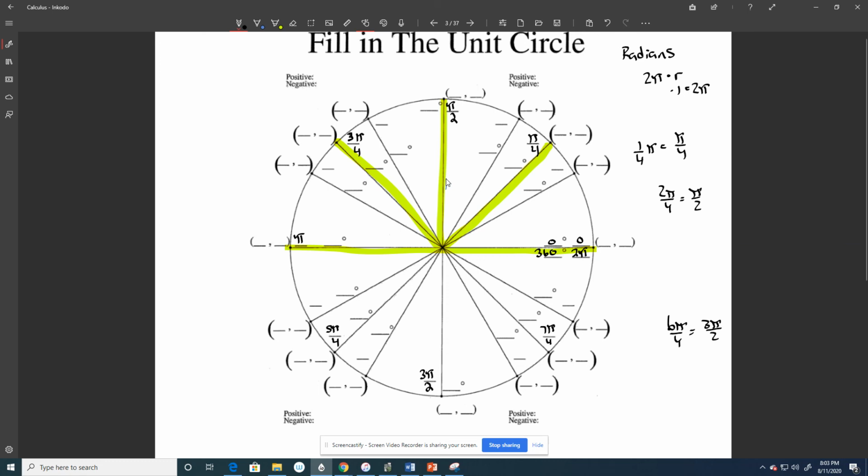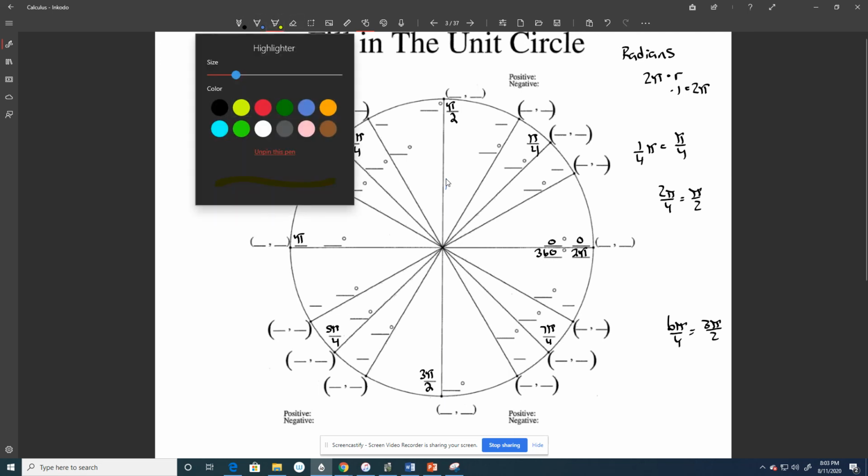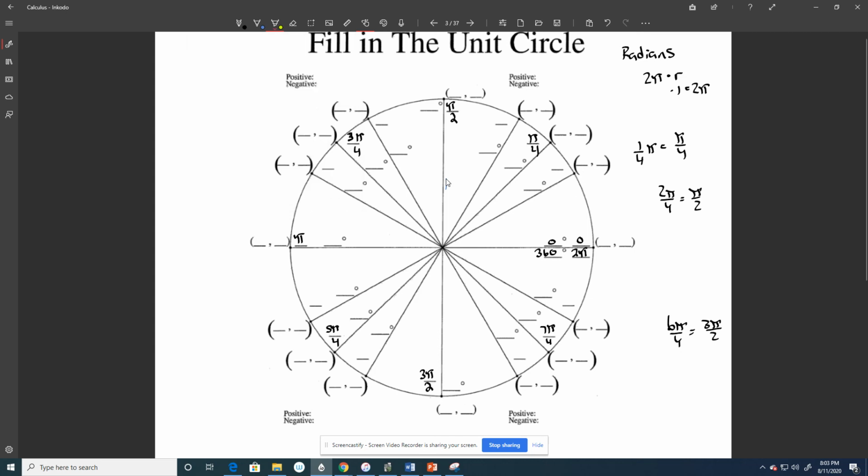Okay? So that gives me a few more angles, but I've got all of these in between ones that we want to find as well. And let's break this up one more time. I'll try and do this just a little bit smaller. So I'm still going to break up the top half first. But instead of breaking the top half into 4 equal pieces, I'm going to break it into 6 equal pieces.